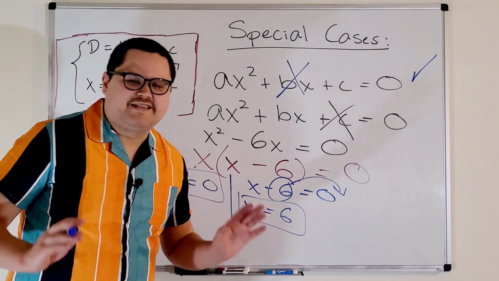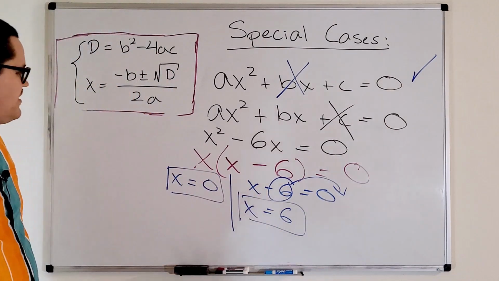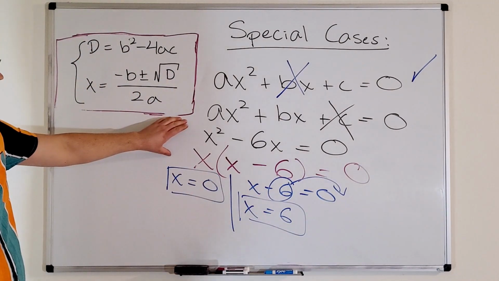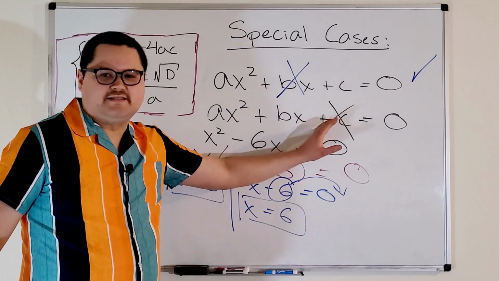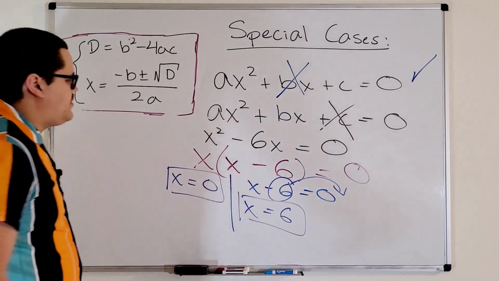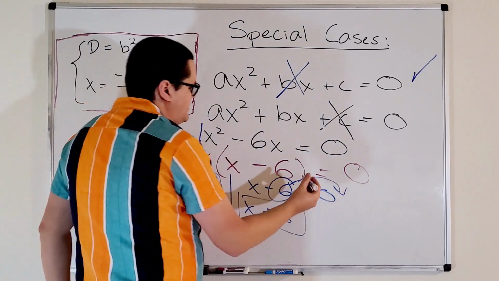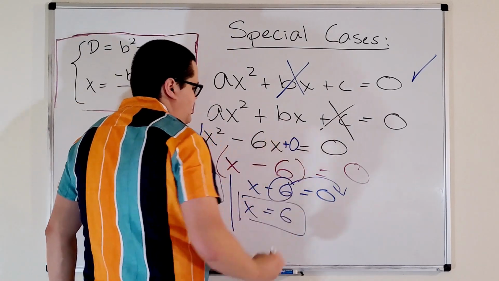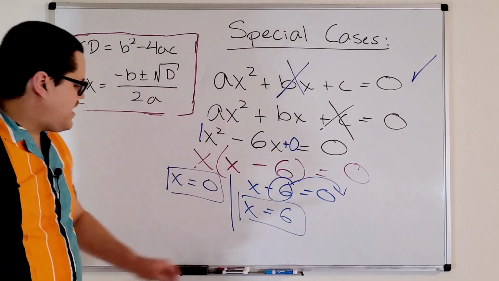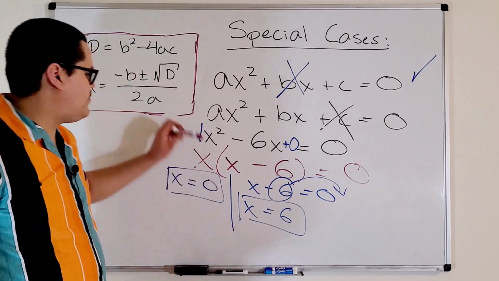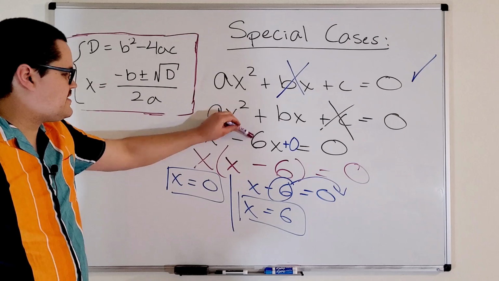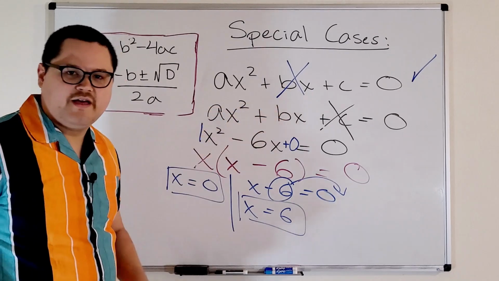Now we can get the same thing using the quadratic formula if we remember that c is 0. So we could rewrite the original equation as 1x squared minus 6x plus 0 equals 0. And then we see that a is 1, b is negative 6, and c is 0.